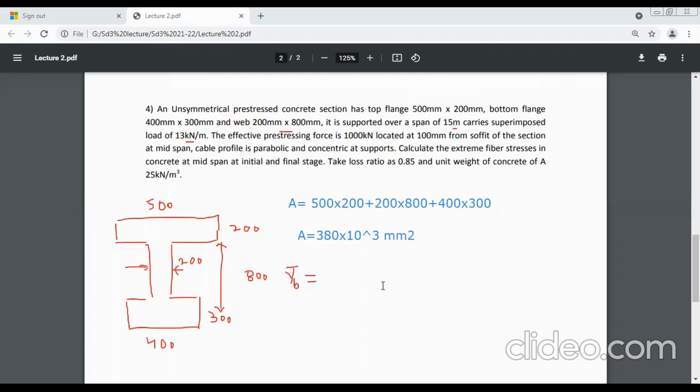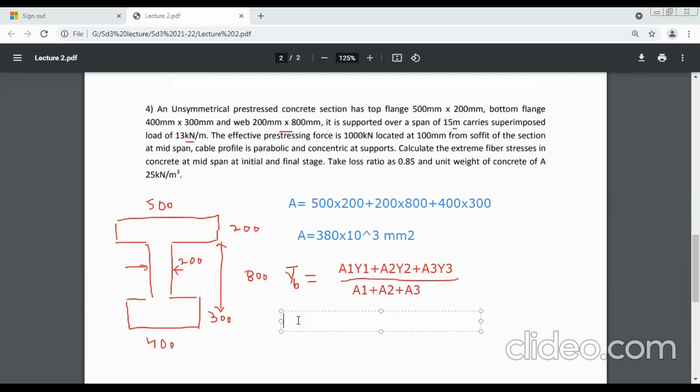Anybody know the formula? It is A1 Y1 plus A2 Y2 plus A3 Y3 divided by A1 plus A2 plus A3. This is the CG formula. So just put all these values here.